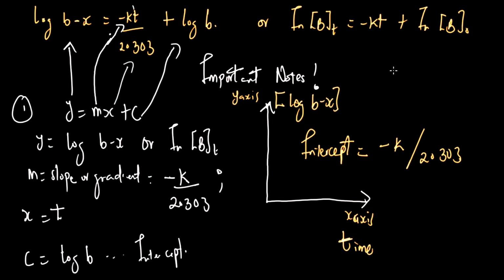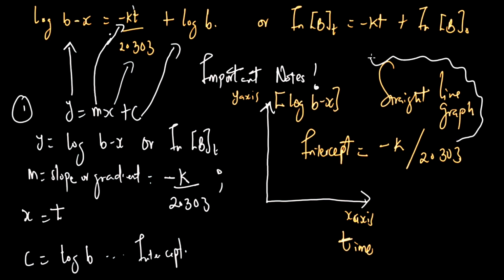So it is always a straight line graph for a first order reaction.